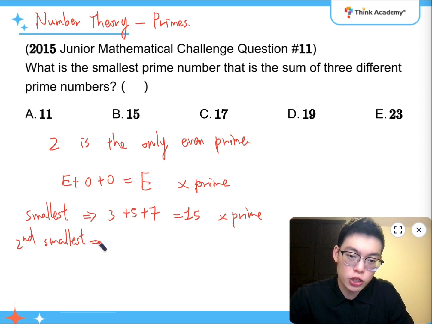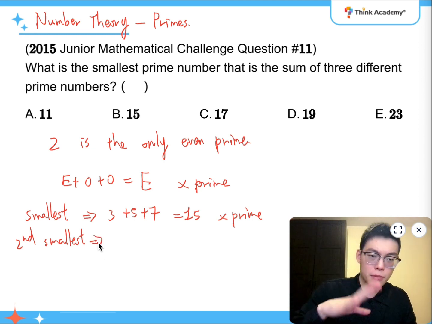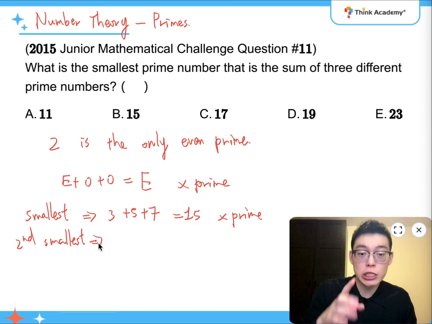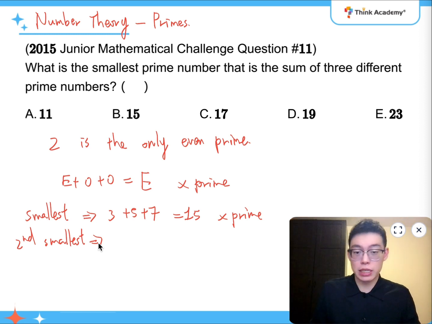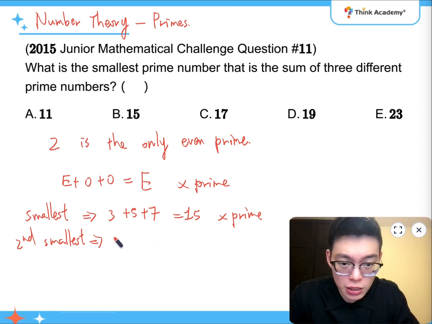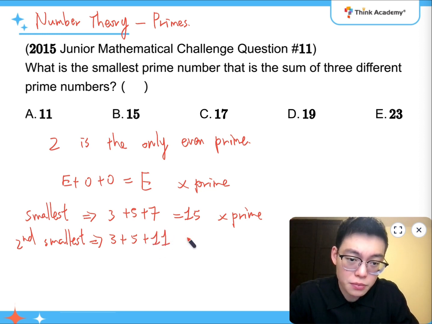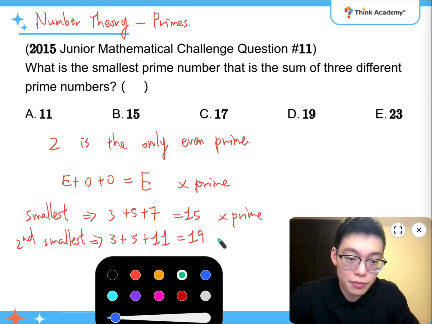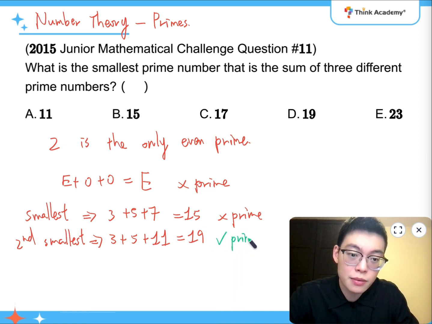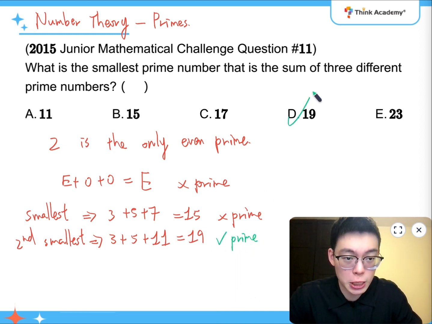Now, of course, I want to just change one of them, which is the greatest one, into the next prime number to make it the second smallest. So I have 3 adding 5 adding 11. And that is 19. So this time it is a prime. So the answer is 19.